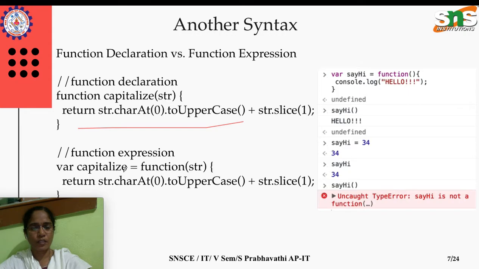So here, var capitalize equals function. There is no function name like in the previous slide. Straight away we pass the arguments, do the calculations, and return the result. Whatever result it returns gets stored in the variable capitalize, and later we can utilize it to get the function's return value.